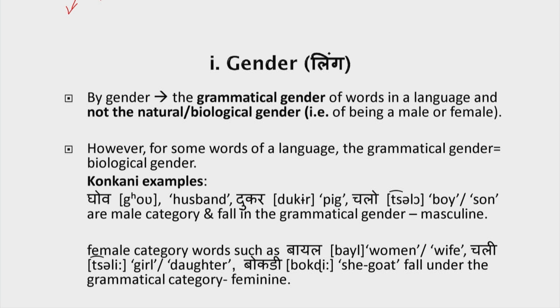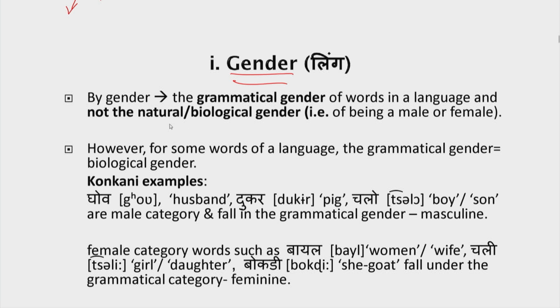So now coming back to the main point, gender in Konkani. So what do we mean by gender? By gender, we are referring to the grammatical gender of words in a language and not the natural or the biological gender of a given word.